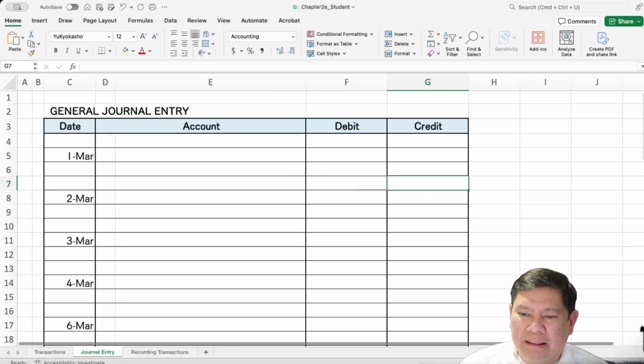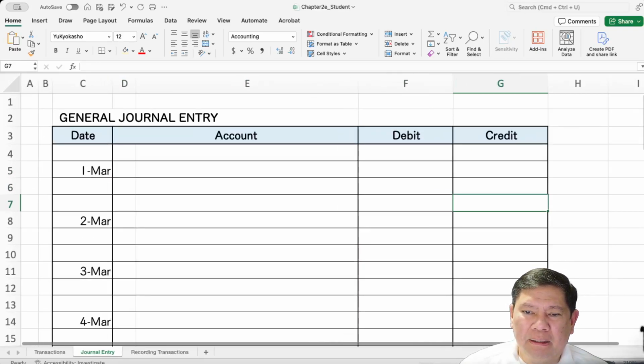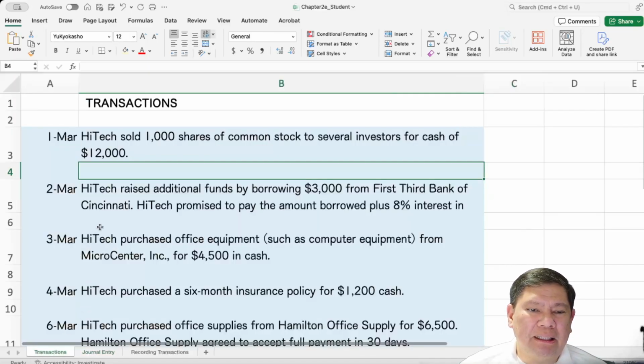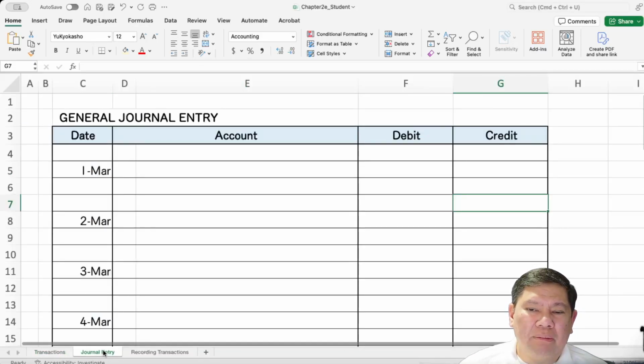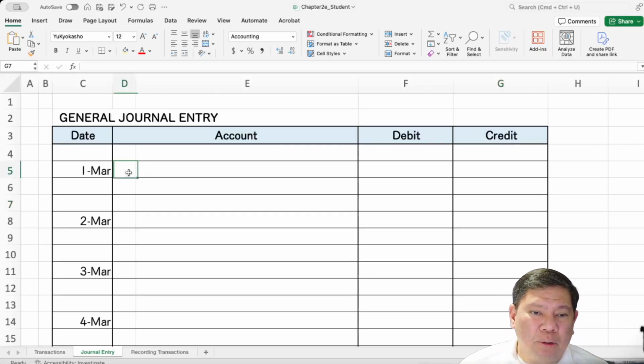Okay, so let me make it larger here. Let's take a look at the March 1st transaction. The company sold 1,000 shares of common stock to several investors for cash for $12,000. So the first account that goes up is cash, because cash is an asset. It's a debit account.